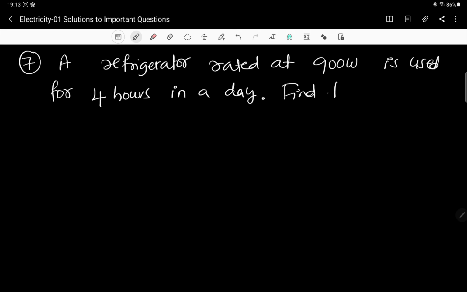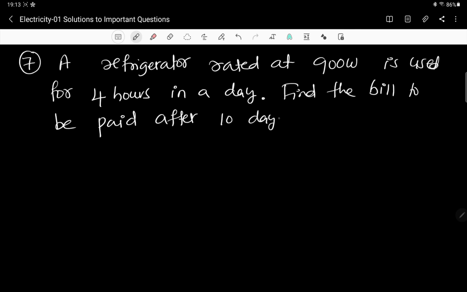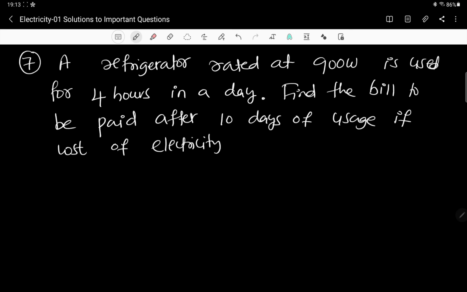Find the bill to be paid after 10 days of usage if cost of electricity is 2 rupees per kilowatt hour.